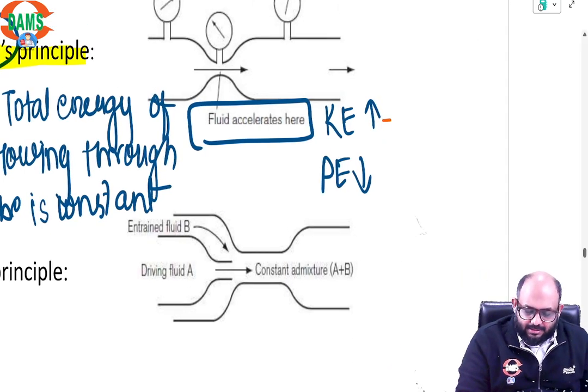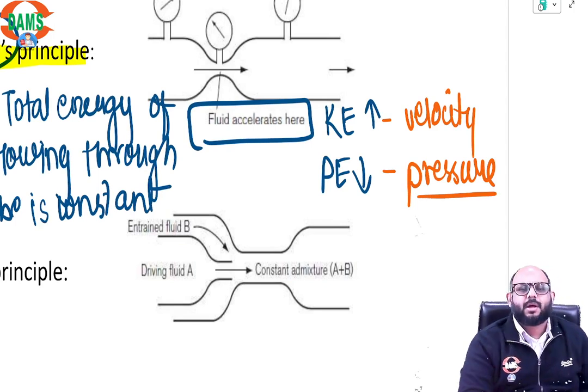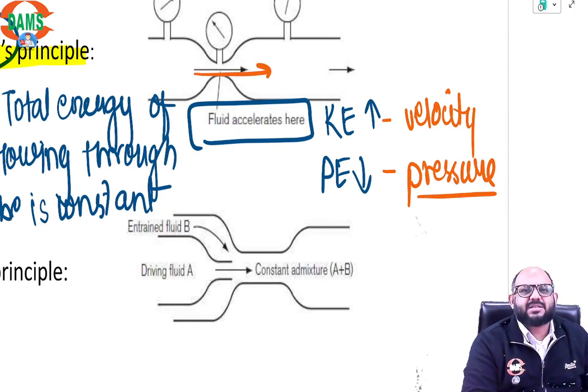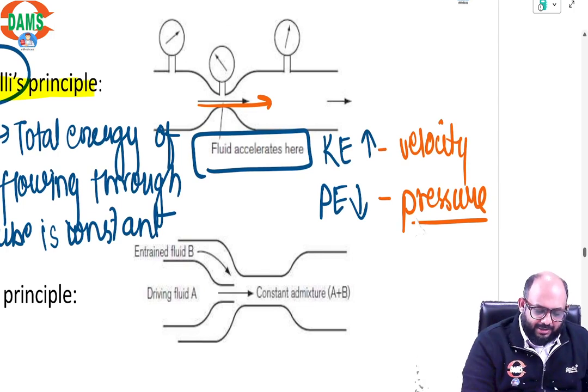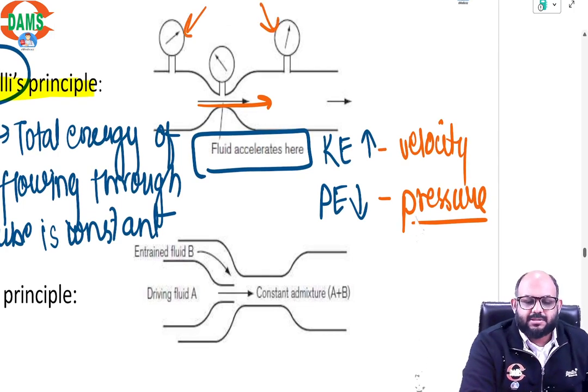Kinetic energy here is the velocity of the fluid. So, what would be the potential energy? It would be the pressure across the fluid. So, the moment there is increased velocity, the pressure across will fall. That is Bernoulli's principle.